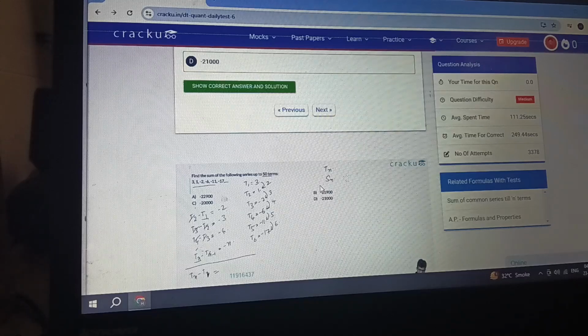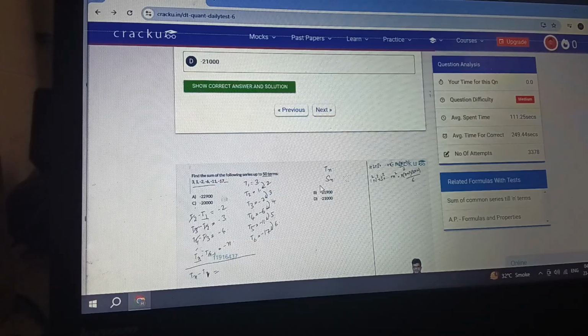We know the sum of this series, and let us try to refresh the formulas. The sum of the first n natural numbers, that is 1 plus 2 plus 3 plus dot dot dot till n, is equal to n into n plus 1 divided by 2. And the sum of the squares of the first n natural numbers, that is 1 square plus 2 square plus 3 square plus dot dot dot till n square, is equal to n into n plus 1 into 2n plus 1 divided by 6.